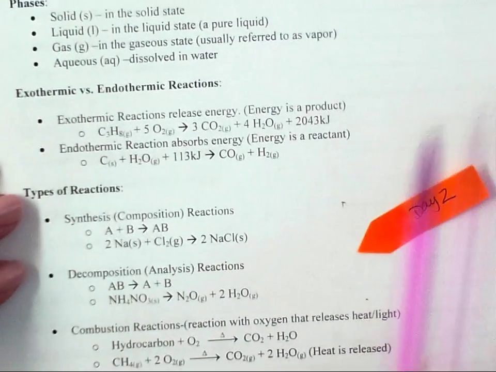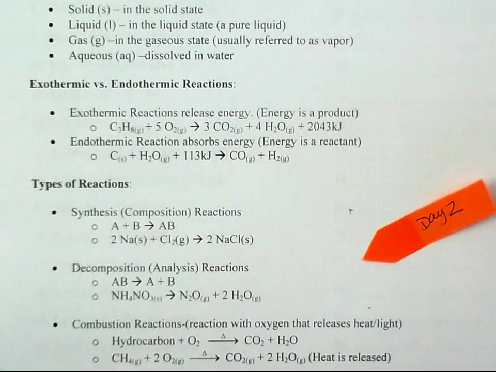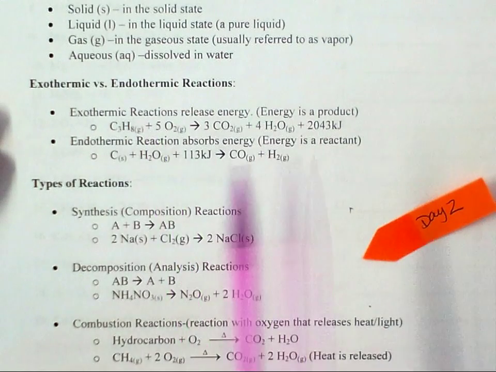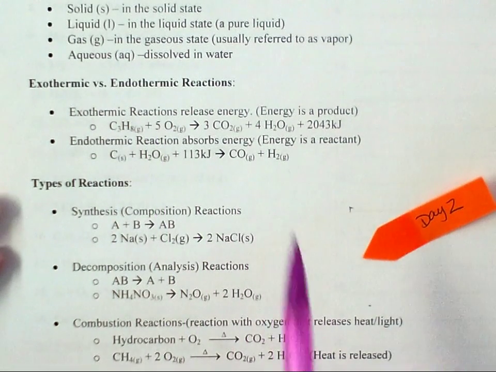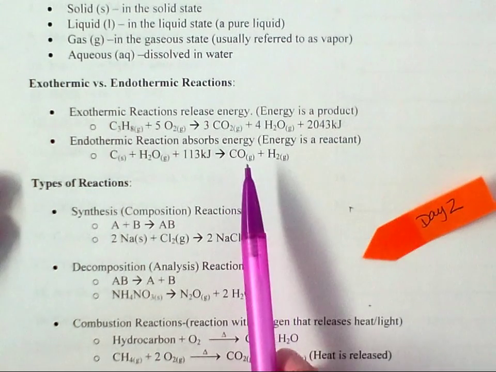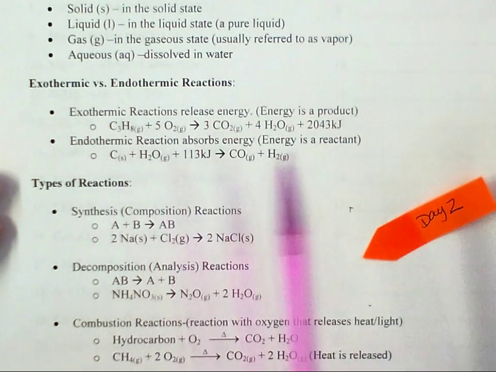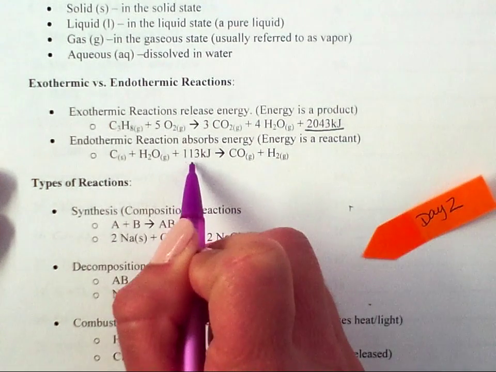Okay, you need to know the difference between an exothermic and endothermic reaction. We have talked about how exothermic reactions release energy and how endothermic reactions absorb energy. One way of seeing this in a chemical reaction is to look to see where the energy is shown in the formula.